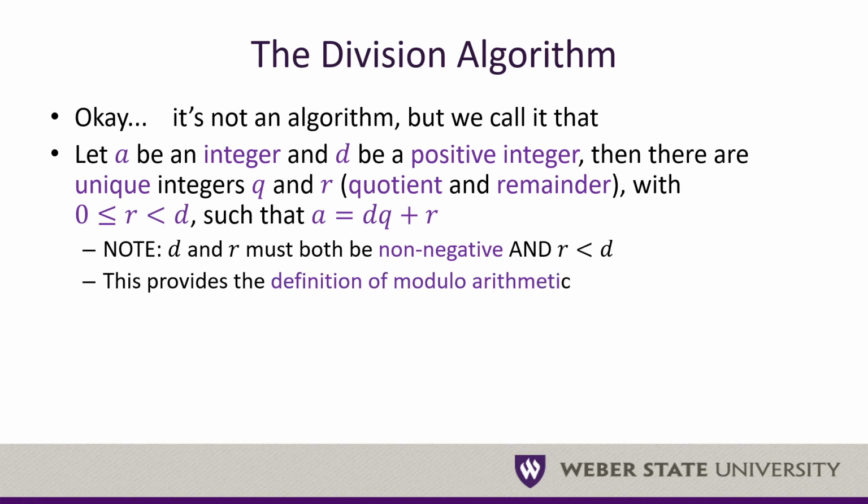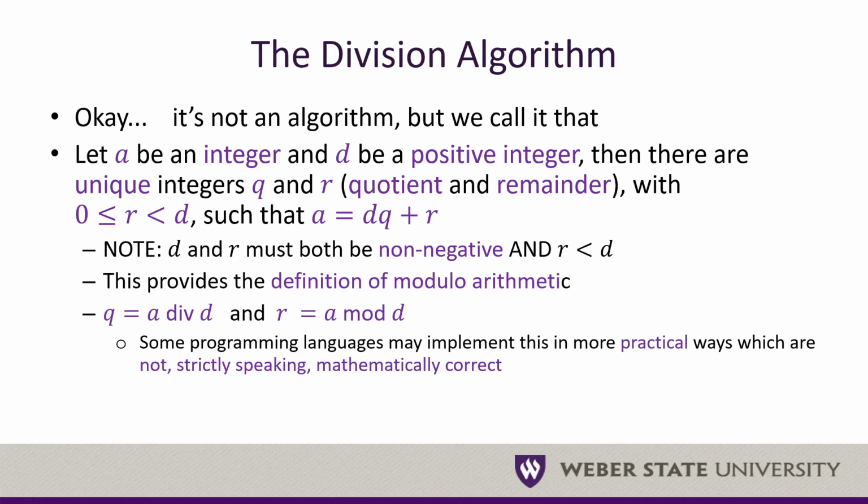And it's the definition of modulo arithmetic. So Q is equal to A div D, and R is equal to A modulo D. The quotient here is the quotient that we would expect. The remainder is the remainder that we would expect, at least from a mathematical perspective.